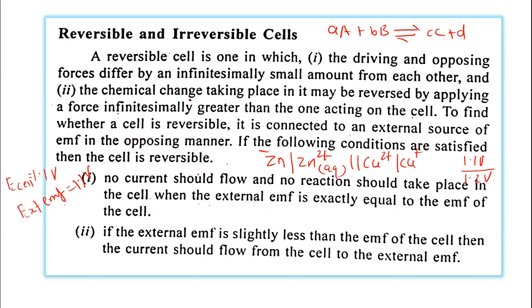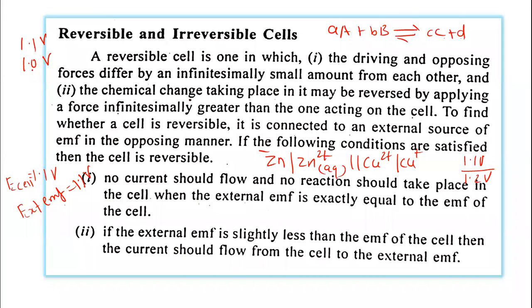Second condition: if the external EMF is slightly less than the EMF of the cell. For example, in case of the Daniell cell, the internal EMF is 1.1 volt and the external EMF is 1.0 volt.